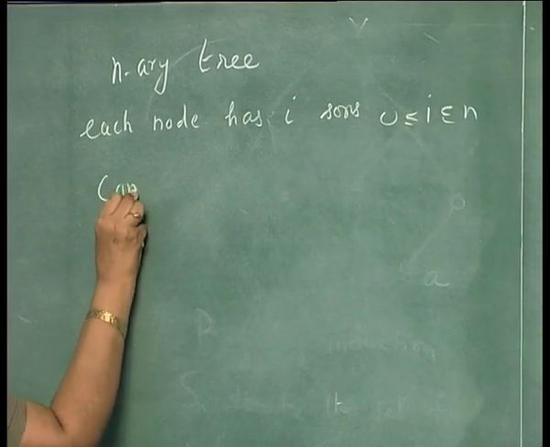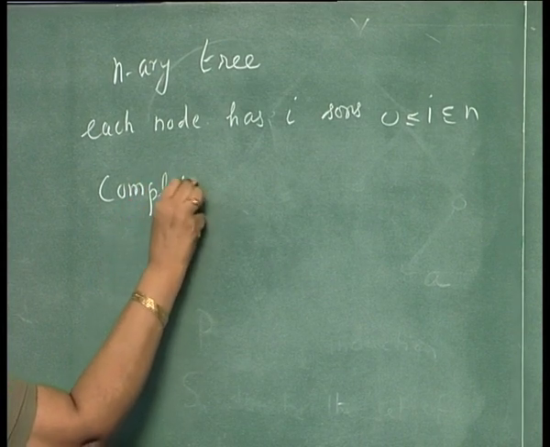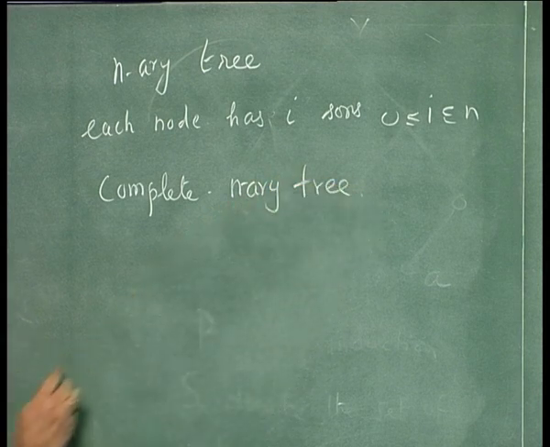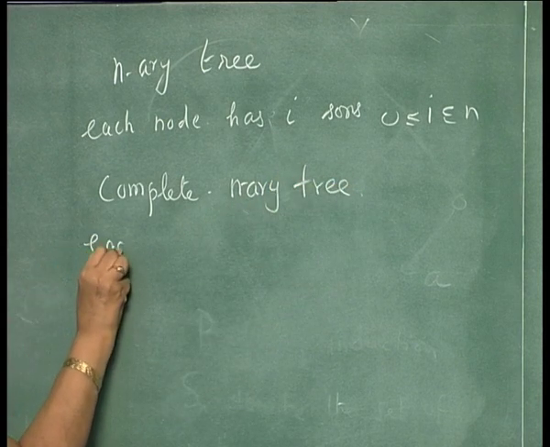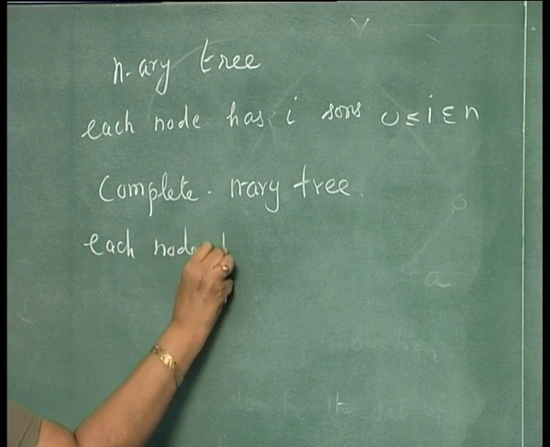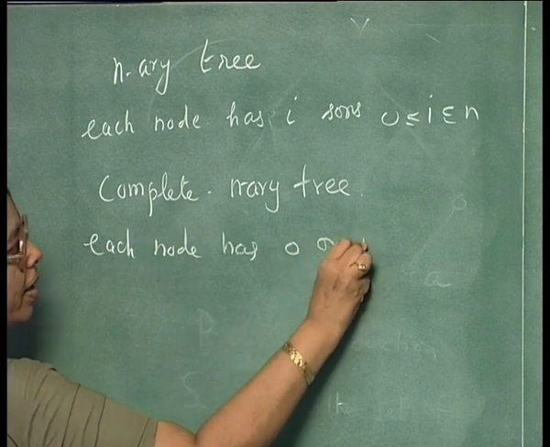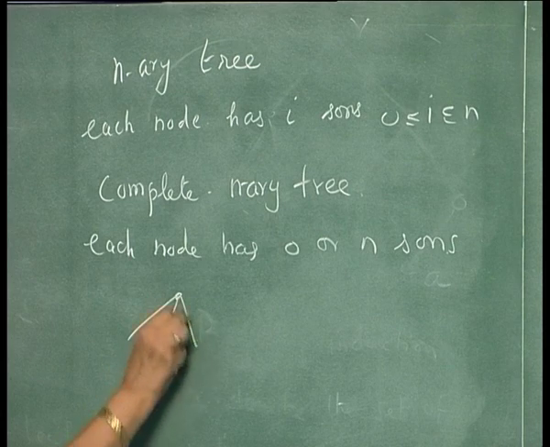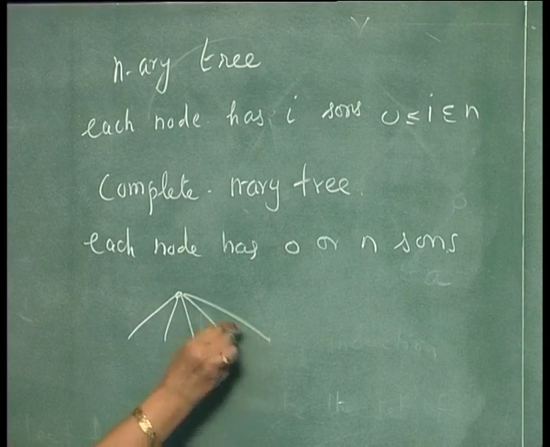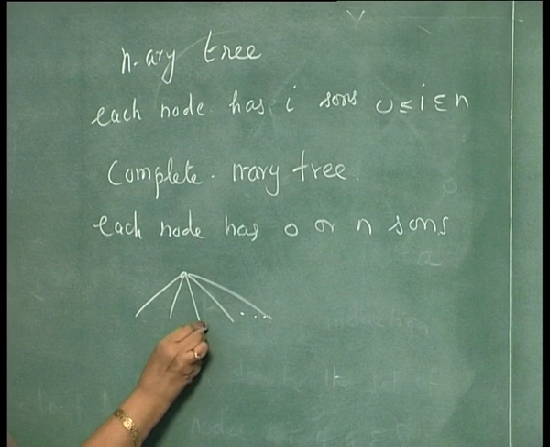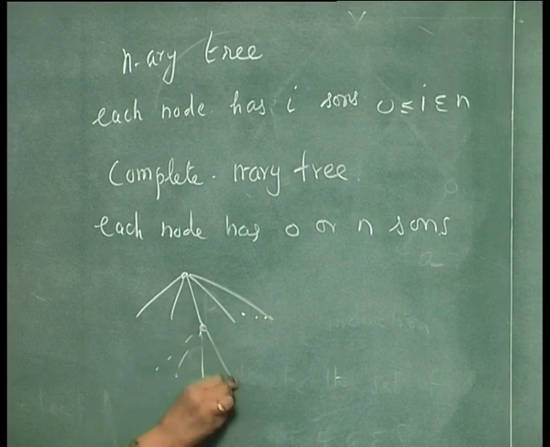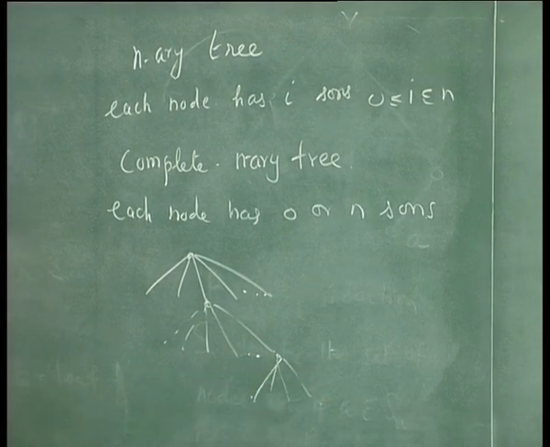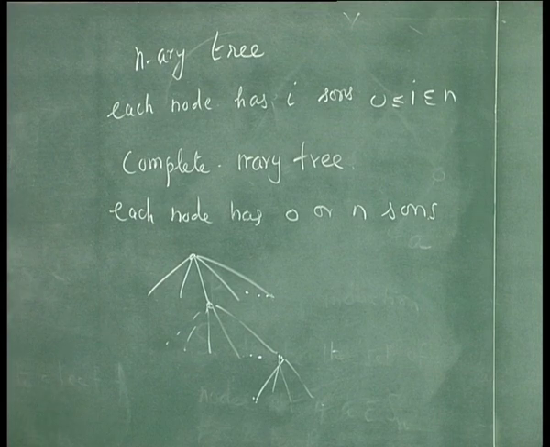A complete n-ary tree means each node has 0 or n sons. So, if you take the root, it can have n sons, and if you take any other node, it can have n sons, otherwise it will be a leaf. This is called a complete n-ary tree.